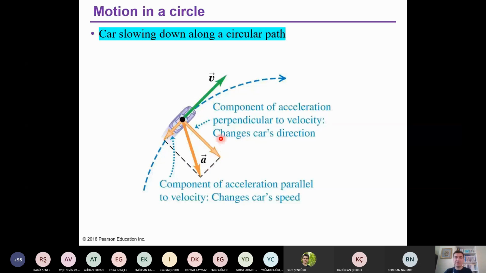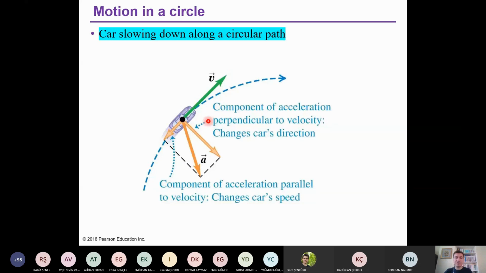One is perpendicular to the velocity; it changes the direction of the car, the direction of the velocity. And here we have a parallel component, and this parallel component changes the car's speed. So what do you see here? This is the direction of the velocity.